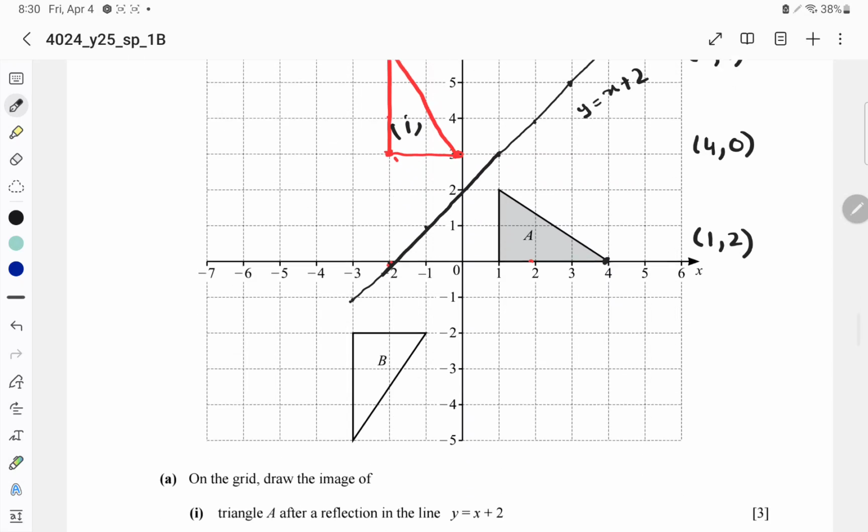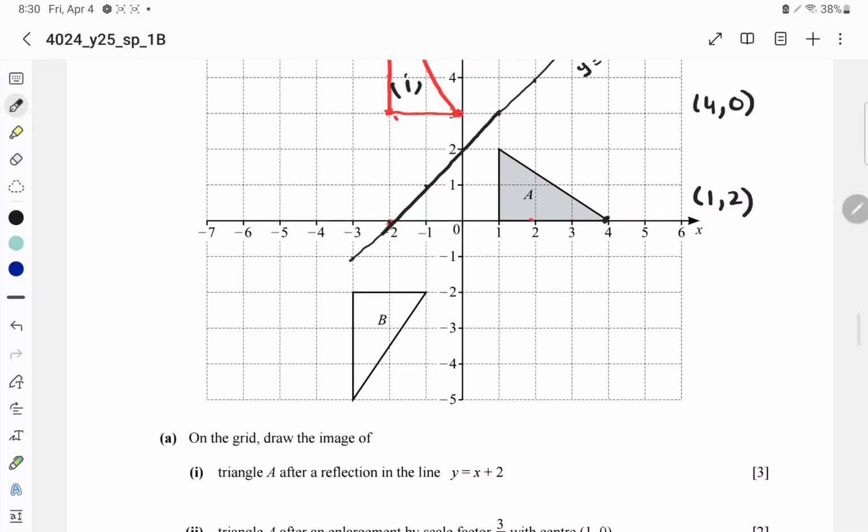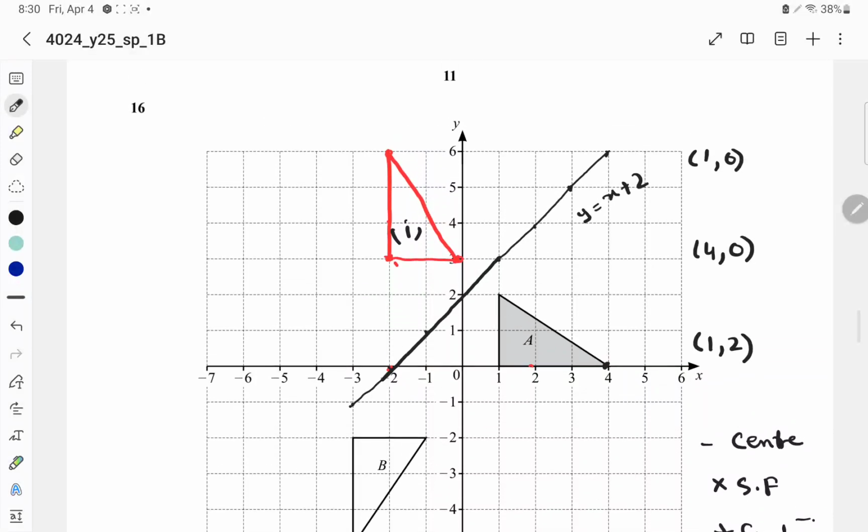So 1, 0 is the center and 3 upon 2 is the scale factor. What do we do? We subtract the center, we multiply with the scale factor, and then we add the center. Subtract center, multiply scale factor, and plus center. 1, 0 is the same number, so it is an invariant point that will be at the same place.